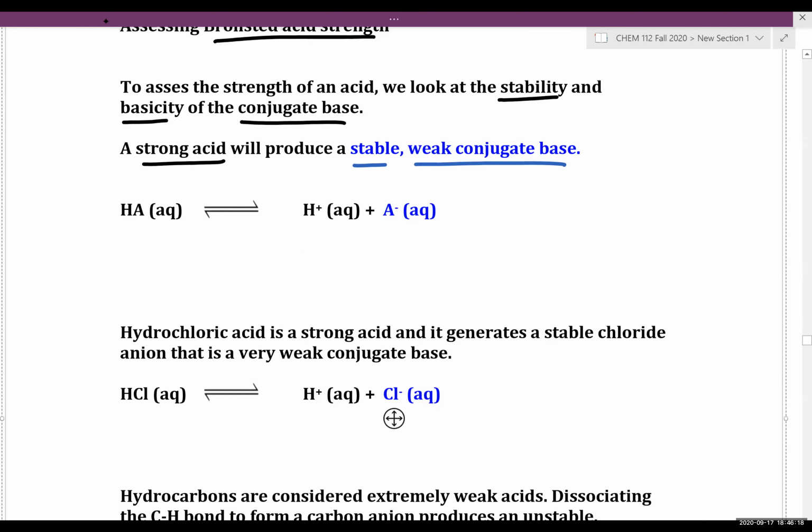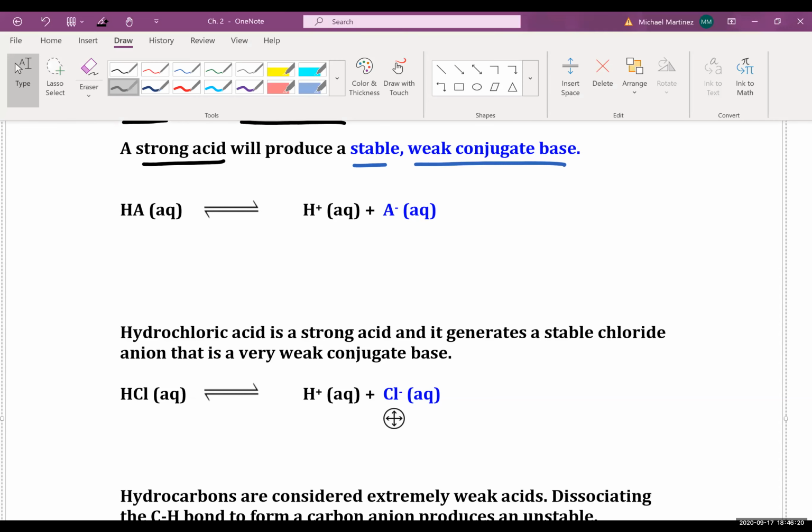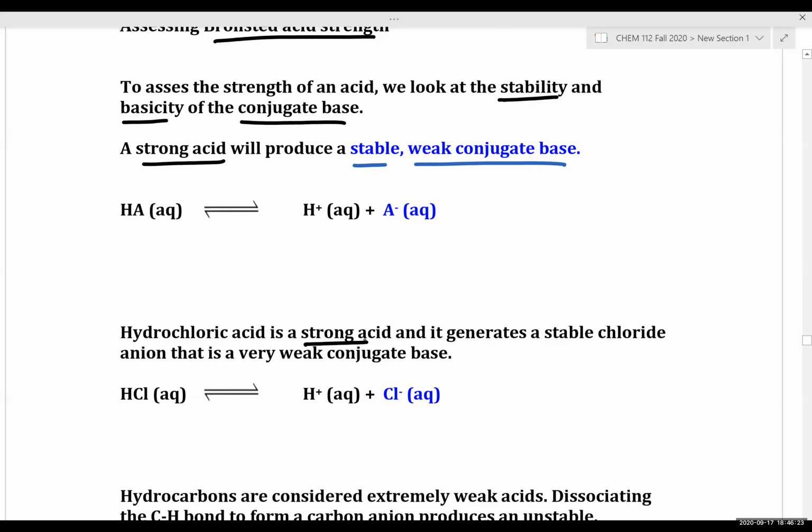For example, hydrochloric acid is such a strong acid because it generates a very stable chloride anion that is a very weak conjugate base. So the conjugate base is really key to understanding acid strength.